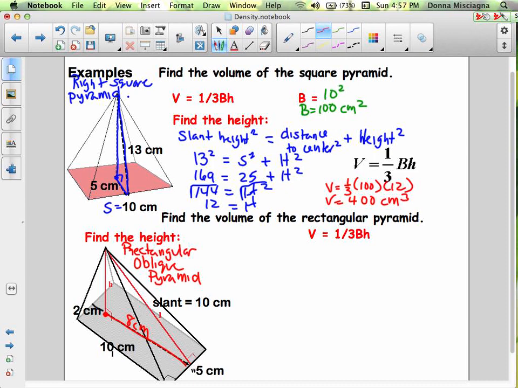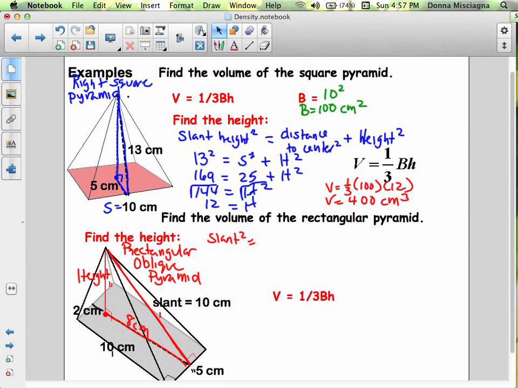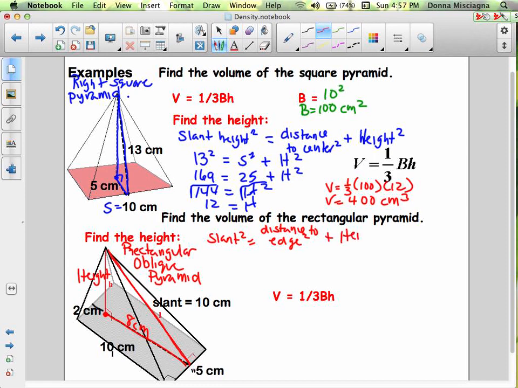So again, we'll find the height. So we're given the slant. That's right here. And we're missing the height. All right, so just like before, slant squared is equal to distance to the edge squared plus the height squared.